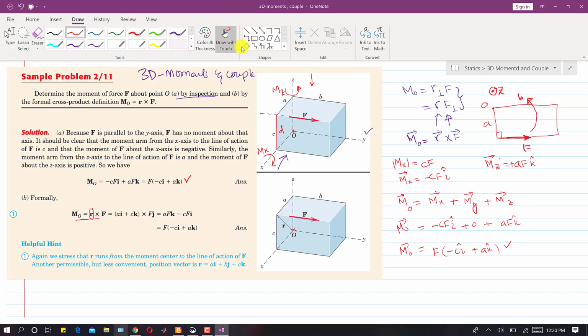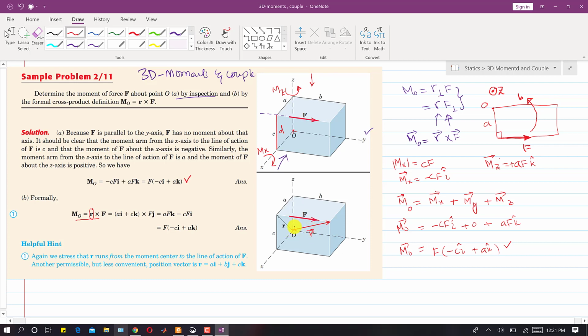If I draw another R like this, from this point O to this corner of this cube, or this 3D solid. This is not a cube as all the sides are different, so this is a 3D solid, right? So we can define the R like this as well for this force.